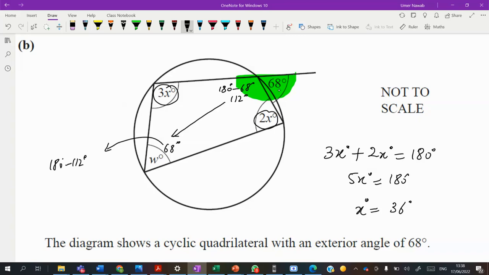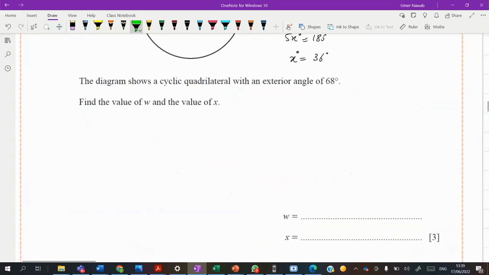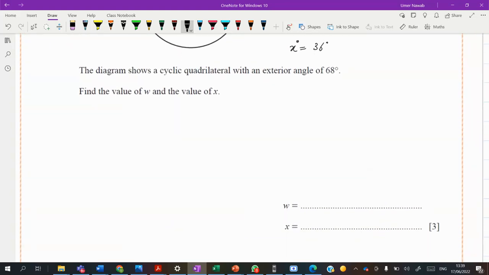So the exterior angle here is becoming equals to this interior angle, but you must use this property. No need to memorize another property on cyclic quadrilateral. Just this is 68. You found this, and then use the supplementary angle property of cyclic quadrilaterals. You can write it 68. So 68 and 36 are the answers.